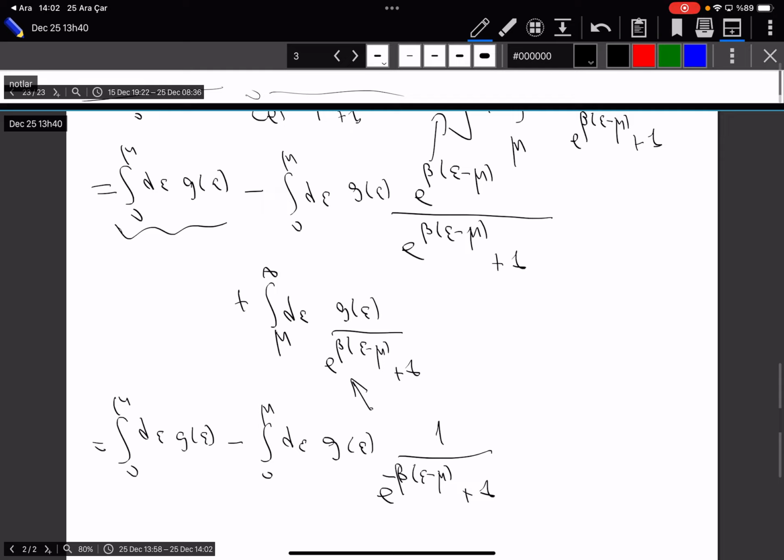Now within that integral, epsilon minus mu is always negative because epsilon is less than mu. So minus times epsilon minus mu is positive. Beta is again huge, so we have the exponent of a huge positive number, which is huge. 1 over that huge number is a very small number. So those two integrals, we can already see that they are small.